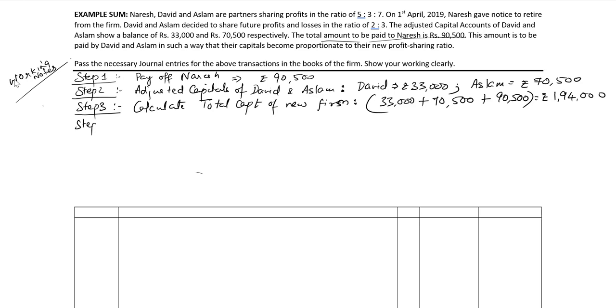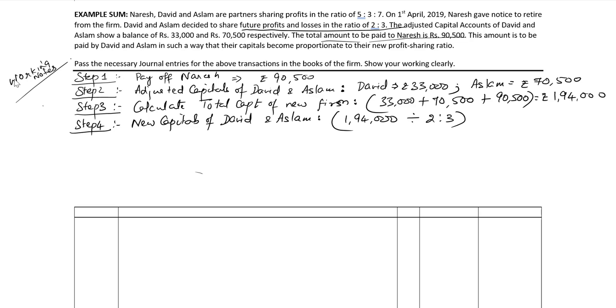Step 4 is to get the new capitals of the remaining partners, David and Aslam. For this, we need to take the total capital of the new firm, which is the answer as per step 3, rupees 1,94,000, and divide this in the NPSR between David and Aslam. It says they decided to share future profits and losses in the ratio of 2:3. So we'll divide this in 2:3.